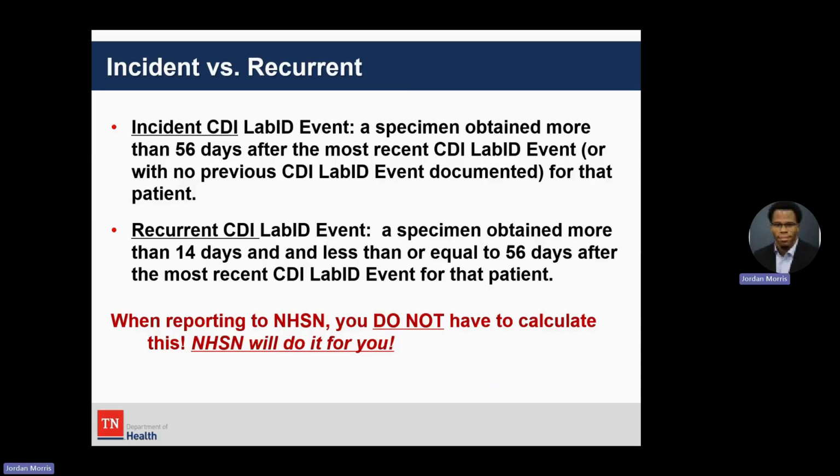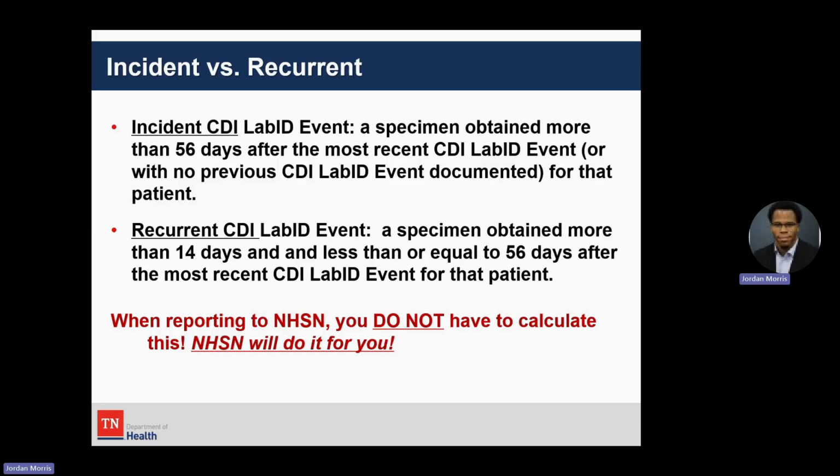So let's talk about incident versus recurrent. An incident CDI result is a LabID event from a specimen obtained greater than 56 days after the most recent LabID event for that patient. Excuse me, or with no previous LabID event documented for that patient at all.